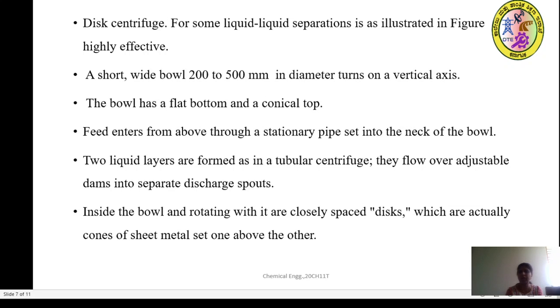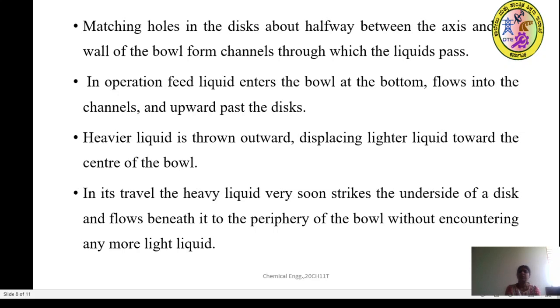Inside the bowl, they rotate with closely spaced discs, which are actually cones of sheet metal set one above the other. As the bowl rotates, the feed liquid enters the bowl and flows into the channels upward and past the discs. The heavier liquid is thrown outward, displacing the lighter liquid towards the center of the bowl.